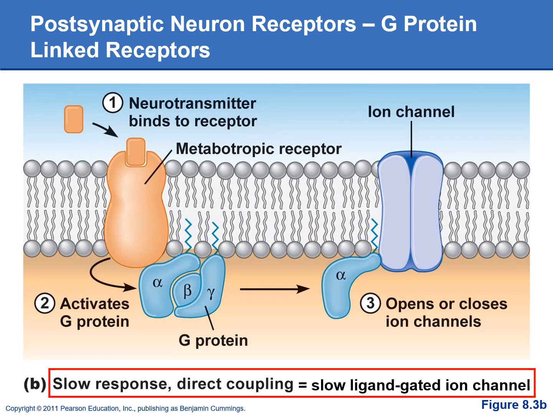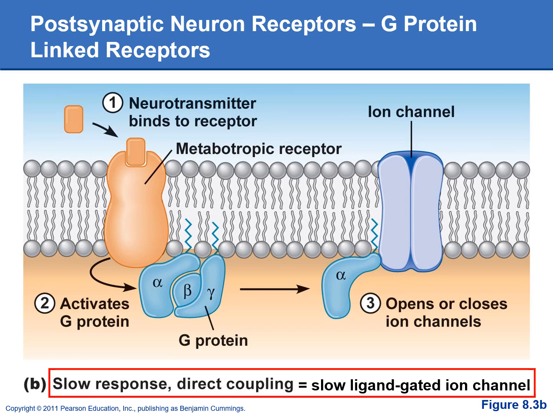The other type of receptor on the postsynaptic neuron is a G protein linked receptor. So the neurotransmitter will bind to the G protein linked receptor that activates the G protein. Part of it will take off, and the G protein will do one of two things. One is it could go open or close an ion channel, and then that will cause a response in the postsynaptic neuron.